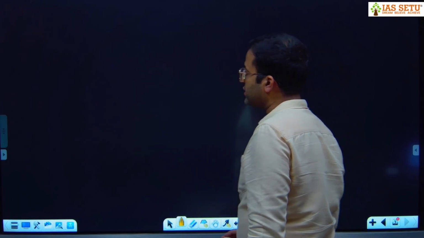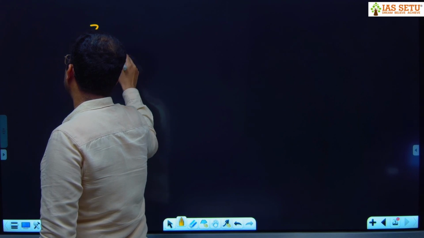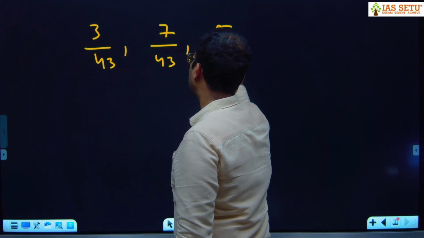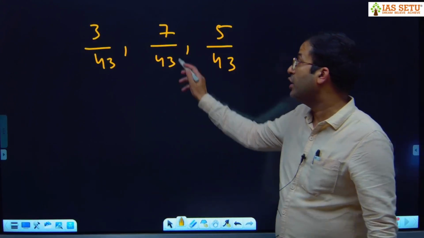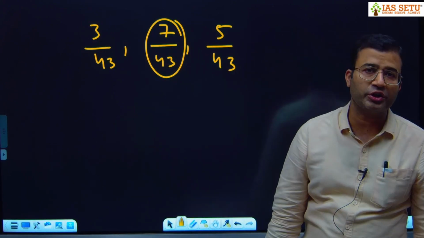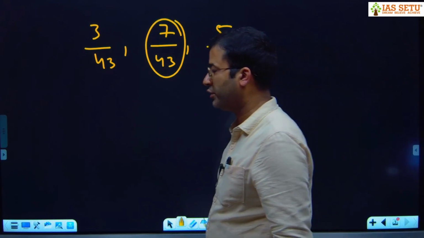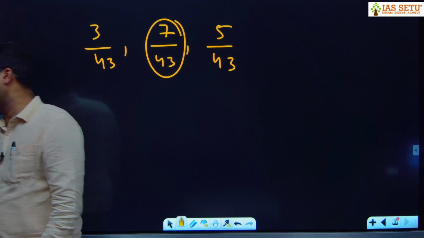How to use this? For example, it is given 3/43, 7/43, 5/43. If someone asks which one is the largest fraction here, you can say 7/43 is the largest, and the smallest is 3/43.